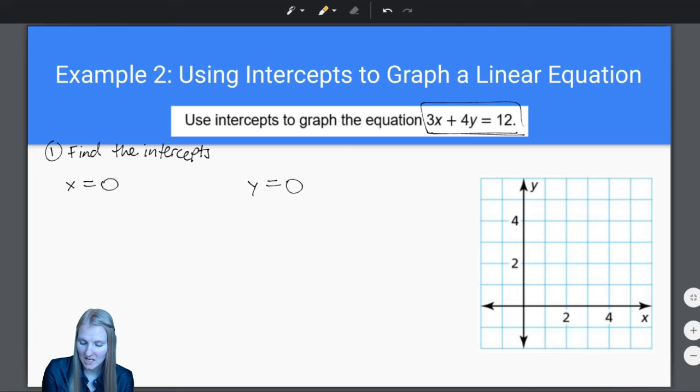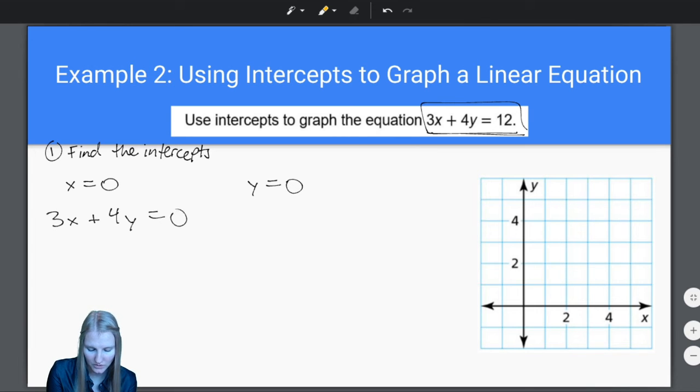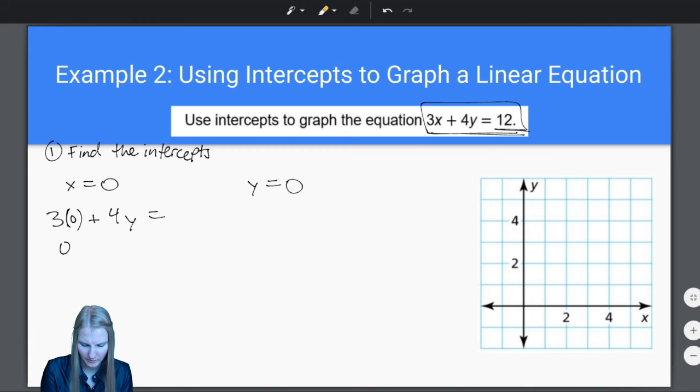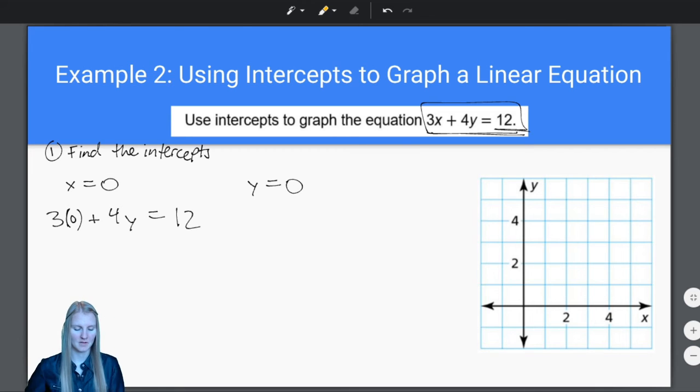I'm going to take the 3x plus 4y equals 12, and instead of x, we're going to write 0, because x is 0. What is 3 times 0? 0. And, oh my goodness, this should not be 0, this should be 12. 3x plus 4y equals 12, just like it said in the problem.